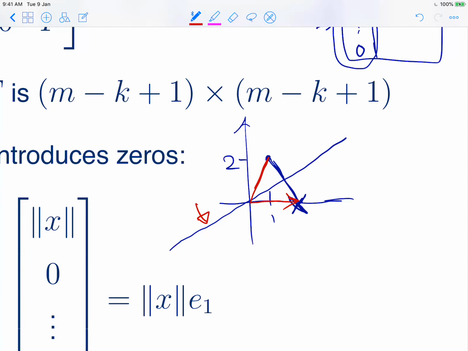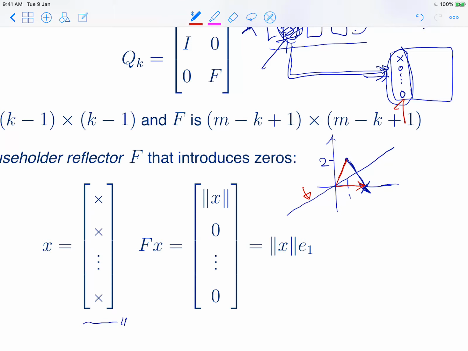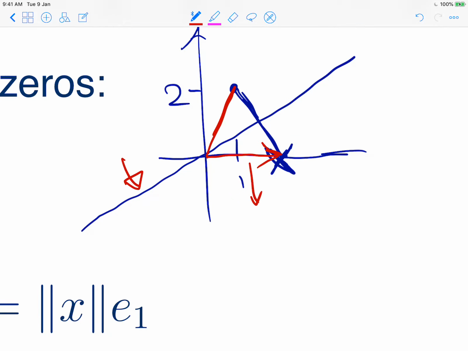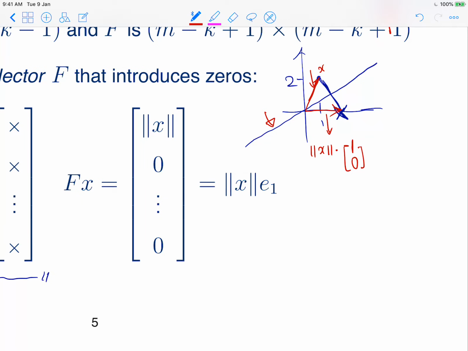Okay, so how can we represent this vector? The first element is the only non-zero one, and the remaining ones are all zero. In this case, we can represent this vector in this form. In the case of 2D, it's 1, 0 times the length. Suppose this vector is x, and then what is the length of the reflected vector? That reflected vector should have the same length, right? So this should be the resulting vector after reflection.